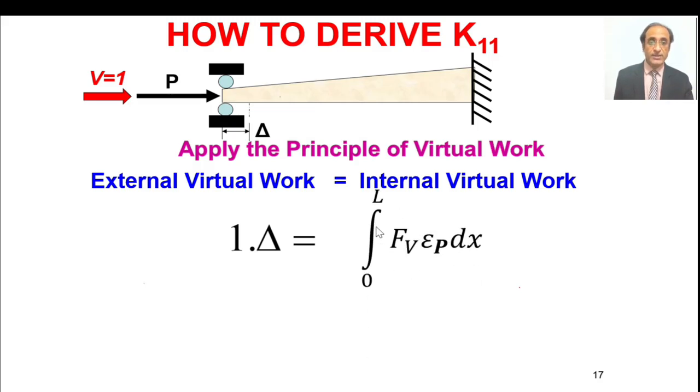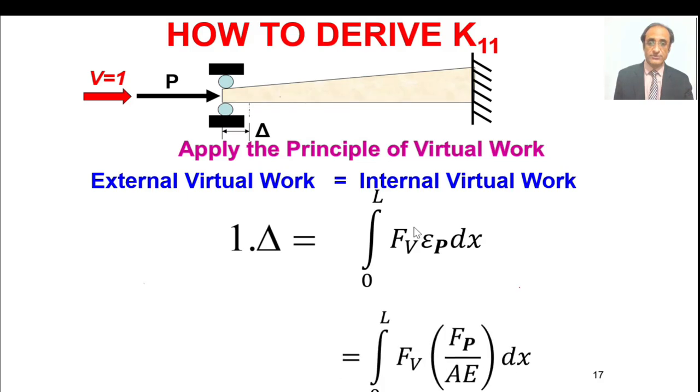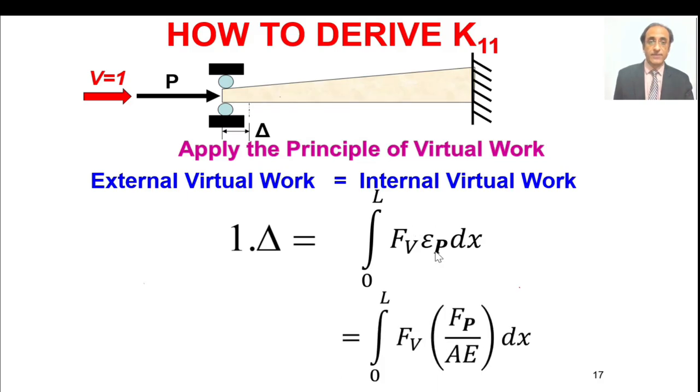Here Fv is the internal axial force generated by the virtual force, which is unit, multiplied by the strain because of the actual or real force, and this is basically the elongation of an infinitesimal element. This gives us the internal virtual work done at an infinitesimal level, and when we integrate across the entire length, we get the total internal virtual work.